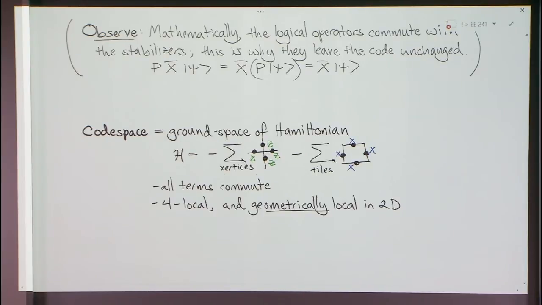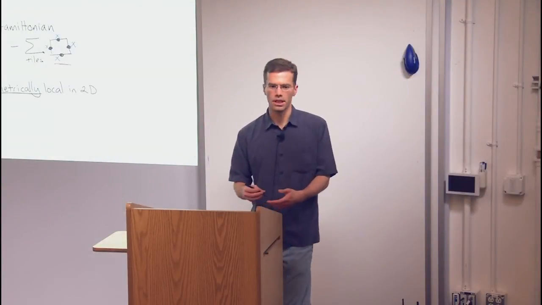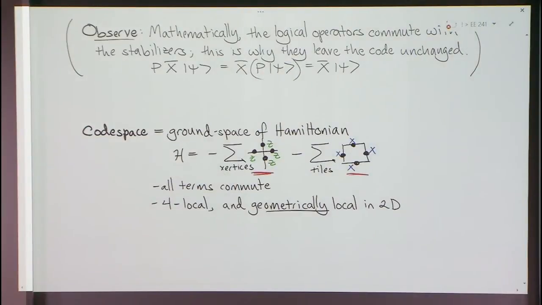So being in the ground space means you're a +1 eigenstate of each of these terms separately, and being a +1 eigenstate of each term separately means you're stabilized by them. So it's all equivalent. And so here we have this interesting code space. It's a 4-local Hamiltonian. Not only is it 4-local, but it's actually geometrically 4-local in 2 dimensions. The qubits are nicely laid out on the plane.